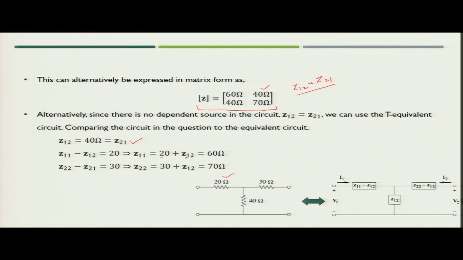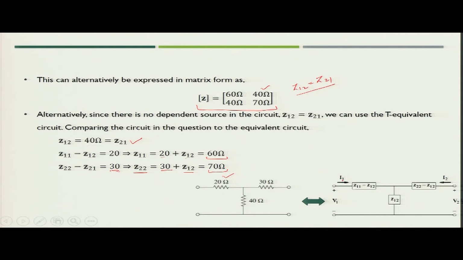Z12 you know that it is 40 ohm, then you will get Z11 as 60 ohm. Finally, the value of Z22 minus Z12, if you see in this figure, is equal to 30. Since Z12 is equal to Z21, you can say either this as Z12 or Z21, both are same. So, what you will get? You will get Z22 is nothing but 30 plus Z12, which is equal to 70 ohm.